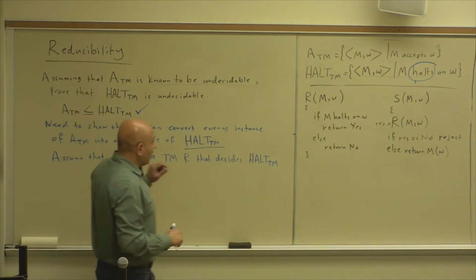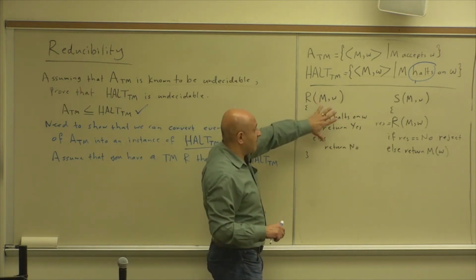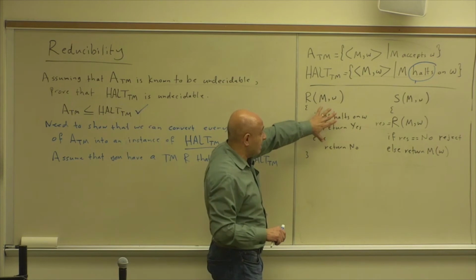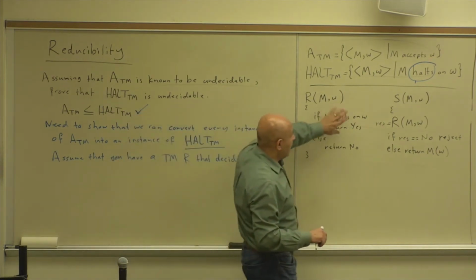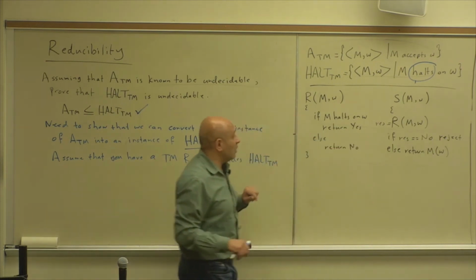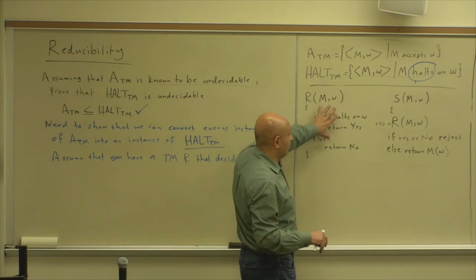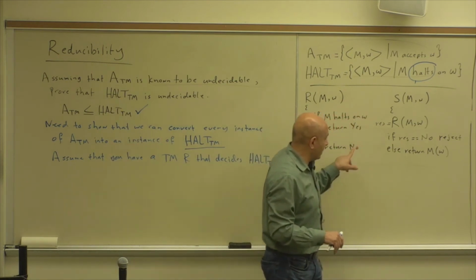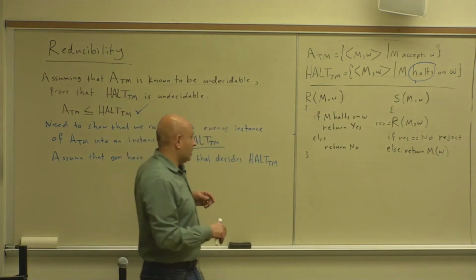So, assuming that this magic program that determines if a program halts or not exists, it can help me avoid looping forever, because I can call R and it tells me if M is going to loop on the string. If it tells me that it's going to loop on the string, then I'm going to reject it without having to loop forever.